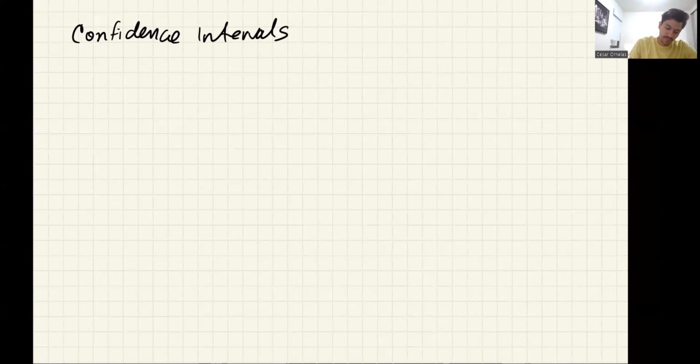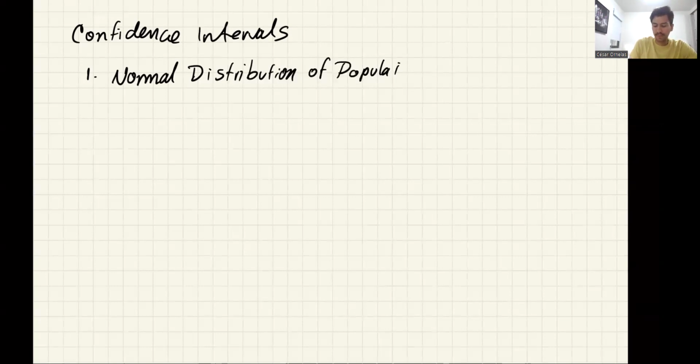The first one, we're going to need a normal distribution of the population. This normal distribution is going to be a sample of all the distribution, of all the population, sorry, and we are going to need to know where is going to be the more data.